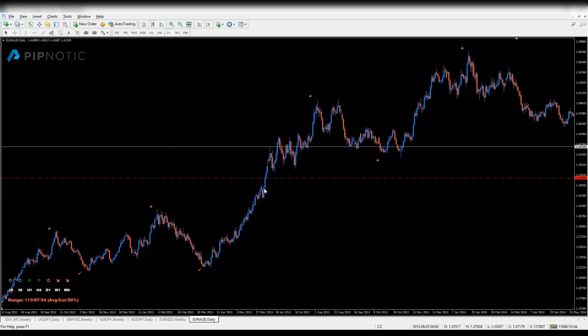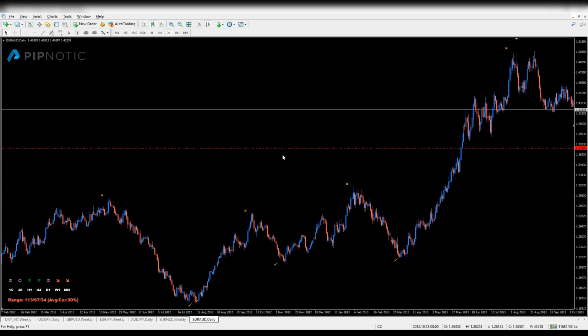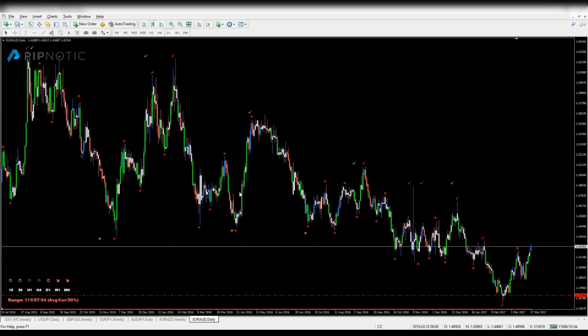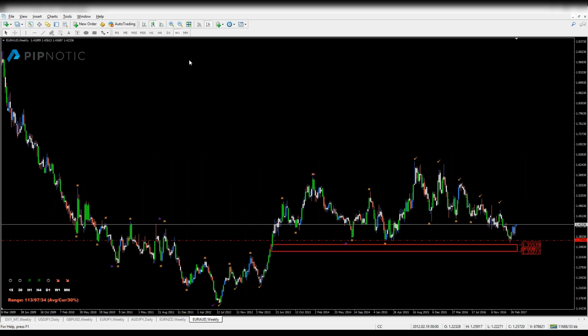So we have this here. We have this area here, kind of the whole area in there, which is just below price. That's at the 135.53.